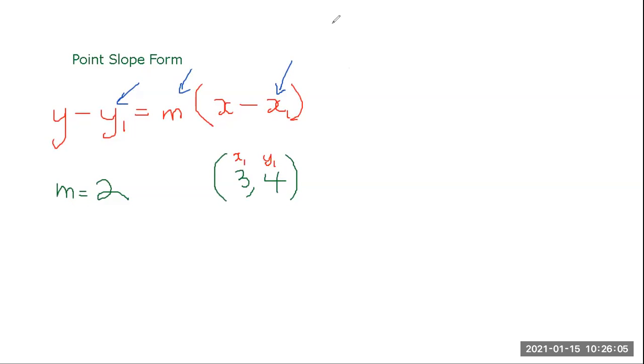Okay, so now if I'm writing my point slope form, it would be y minus the y value, 4, is equal to the slope, 2, open parentheses, x minus 3.